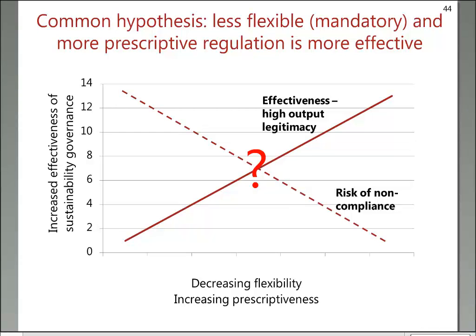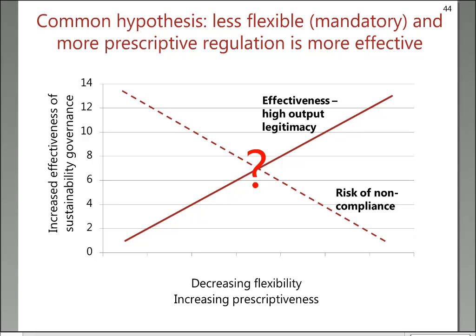So the common hypothesis, and maybe also what some of us thought from the start, was that when we decrease the flexibility, that means have more mandatory requirements, and when we increase the prescriptiveness, then maybe we also increase the legitimacy and the effectiveness of the governance, and lower the risk of non-compliance.